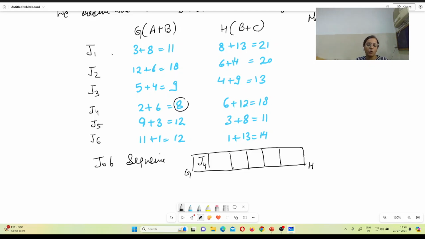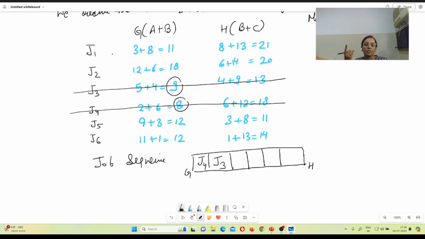When we are done with this point, we just delete this J4 cell. Right, now the least point after 4, after 8, will be 9. So we select the point number 9, and that is again in the first machine, and the process is J3. So delete this point and write it over here as J3.